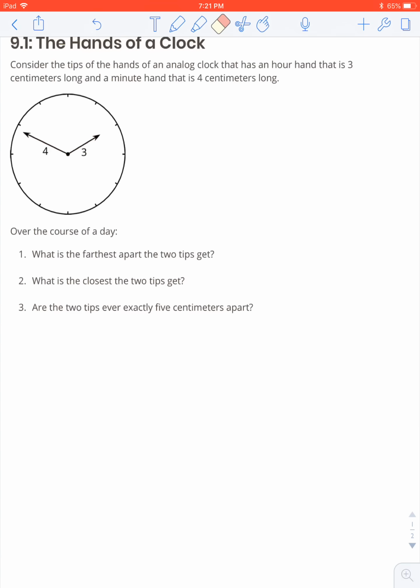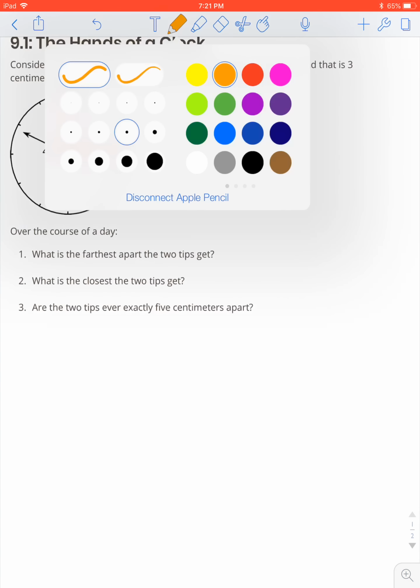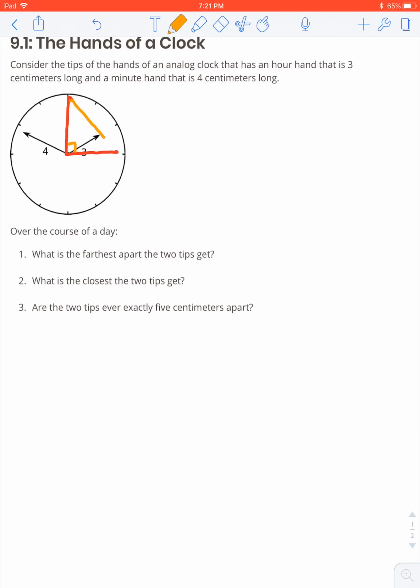Well, the only way that we can ever check that is if we create a position where the 2 form a right angle, at which point it looks like it makes a triangle. Now the only way we can check this is if it is a right triangle, because we know that with our Pythagorean theorem we can then check to see if it's true. So we have 3 centimeters squared plus 4 centimeters squared equals, and then the question says, is there ever a time where they're 5 centimeters apart?